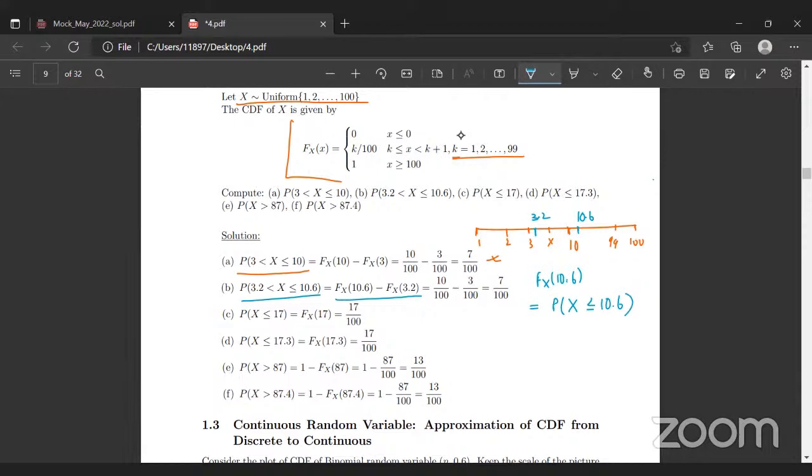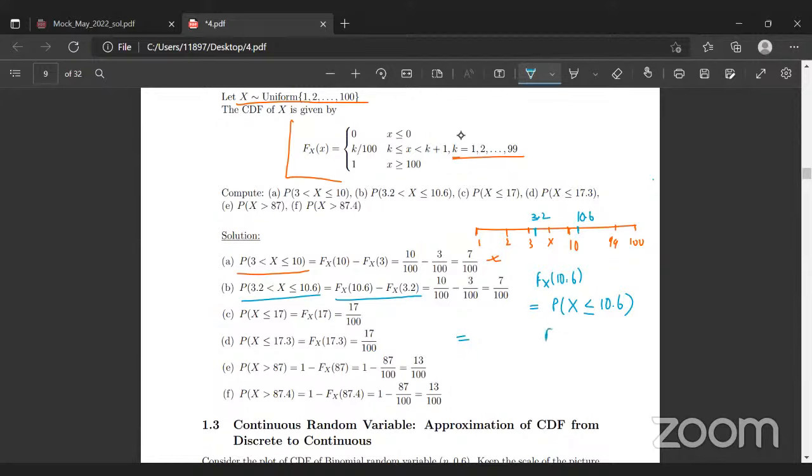And we know that x takes discrete values. Okay, wait. So we don't have to do it here. So we have to find probability x less than or equal to 10.6. And we know that x doesn't take the value 10.6.